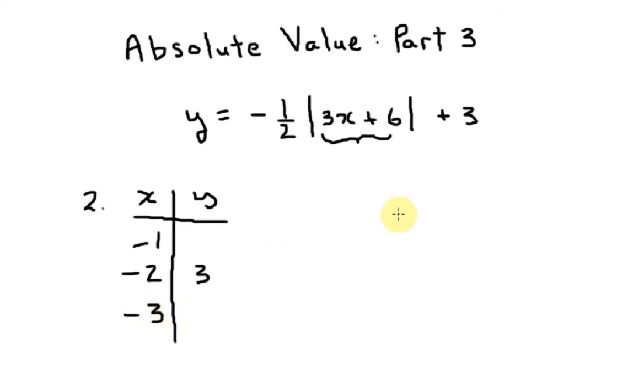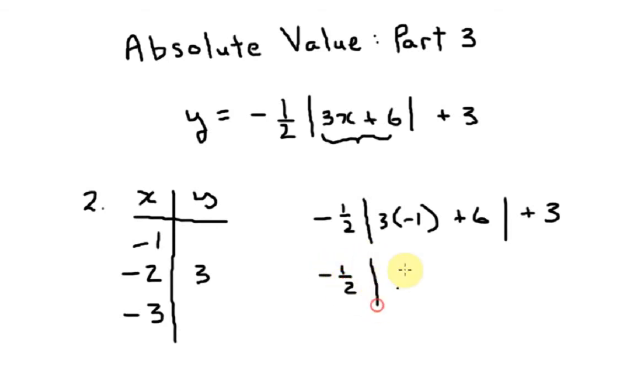So if we plug negative 1 into this thing, we're going to have negative 1/2 times the absolute value of 3 times negative 1 plus 6, plus 3. Now this is negative 3 here plus 6. So that's just going to be positive 3 plus 3.